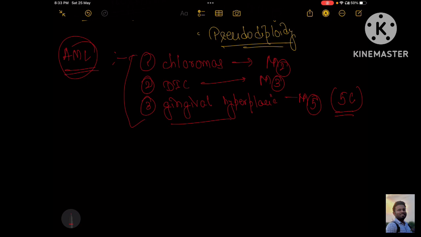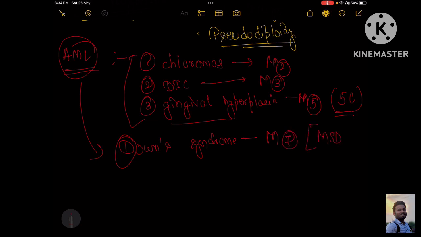And there are various genetic factors in AML, like Down syndrome, which is associated with M7. Next is Bloom syndrome. Next is Fanconi's anemia.